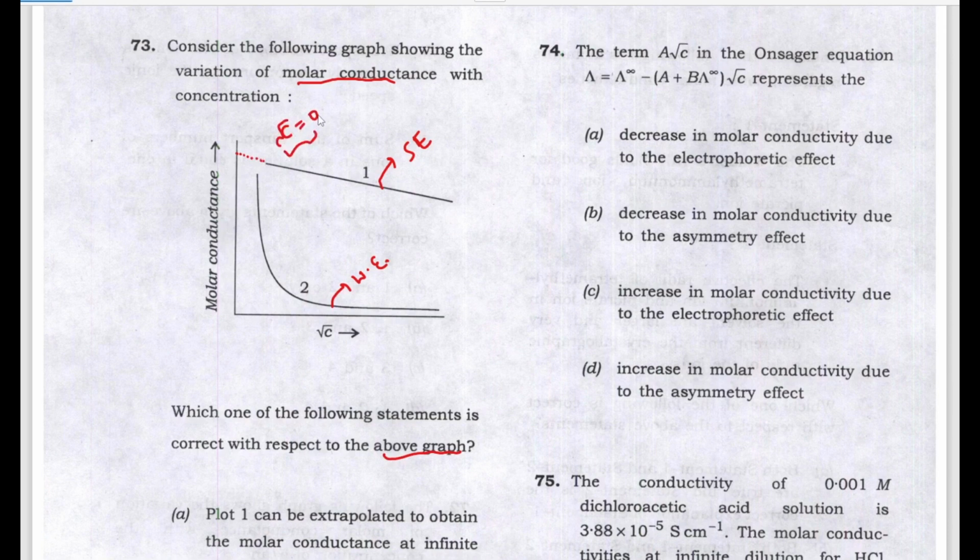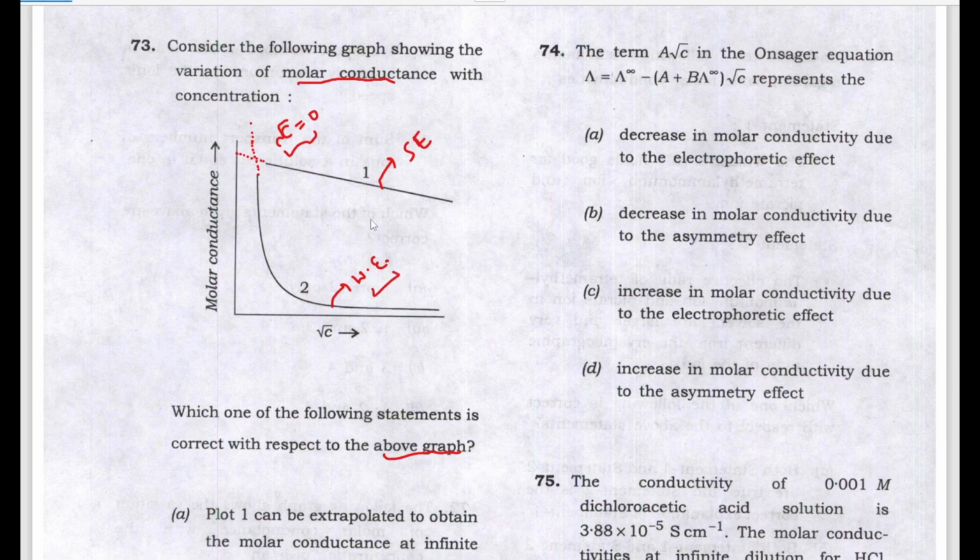But in the case of weak electrolytes, on dilution the degree of dissociation increases and the number of ions increases, so lambda m, the molar conductivity, will also increase, but steeply on dilution near low concentration. So lambda m can't be extrapolated to zero concentration for weak electrolytes.